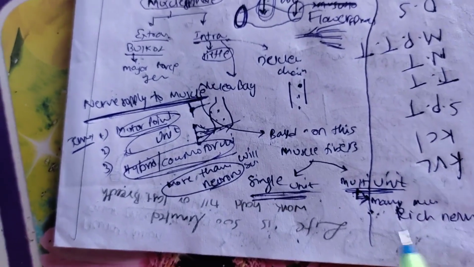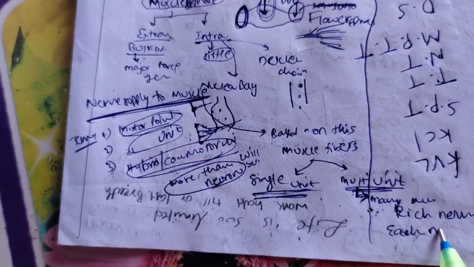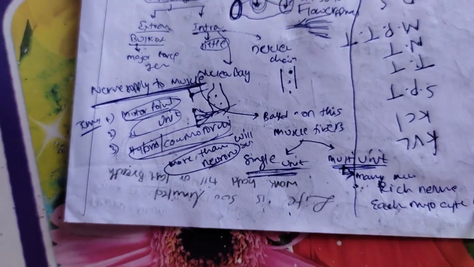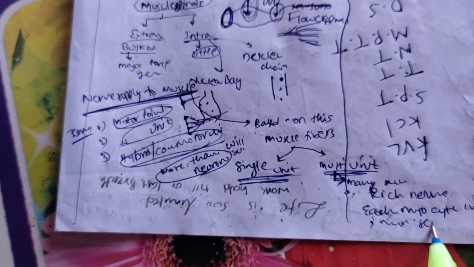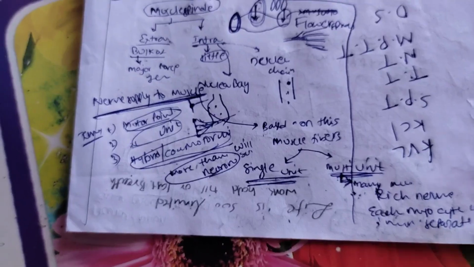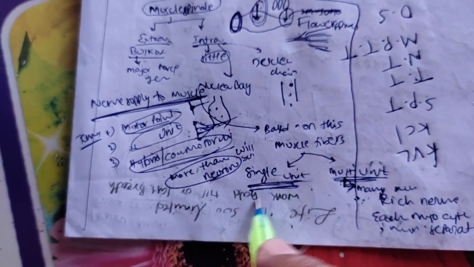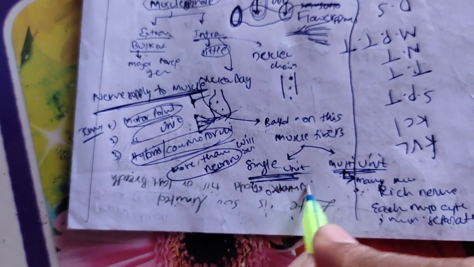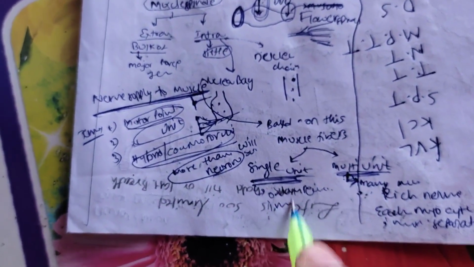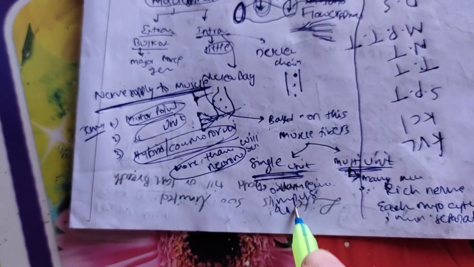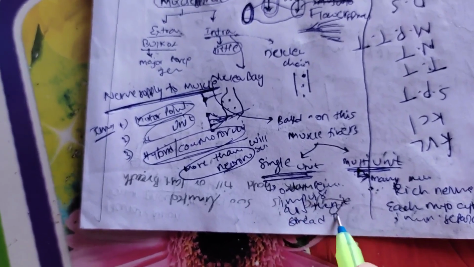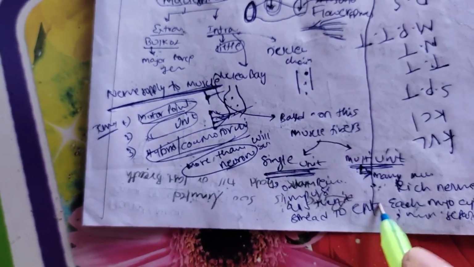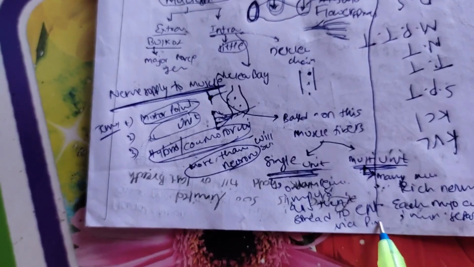Each myocyte receives impulses from separate neurons. Single unit means here only one myocyte receives impulse from a neuron and then it spreads to the entire muscle via the plasma membrane. Okay.